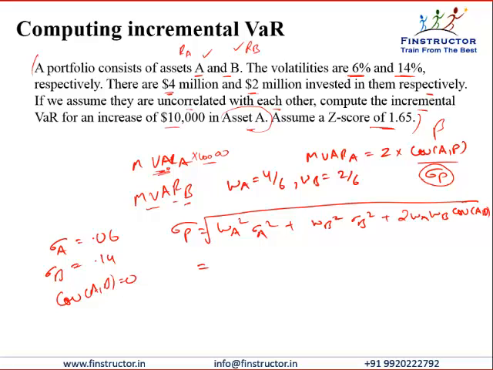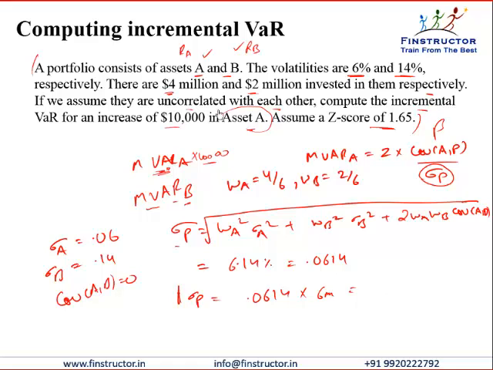So if we substitute in this formula, we'll get sigma P to be approximately equal to 6.14% or 0.0614. We can compute the standard deviation in dollar terms also. That will come out to be 0.0614 multiplied by $6 million. That is the total value of the portfolio.